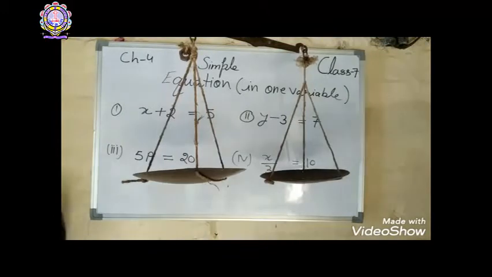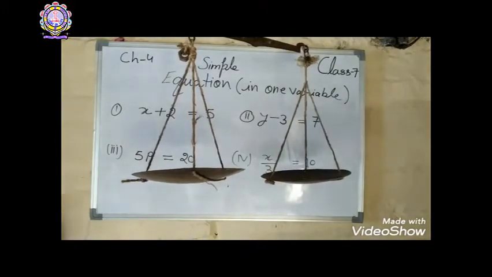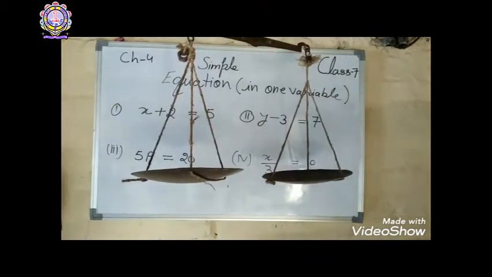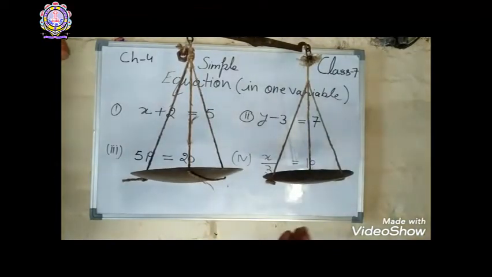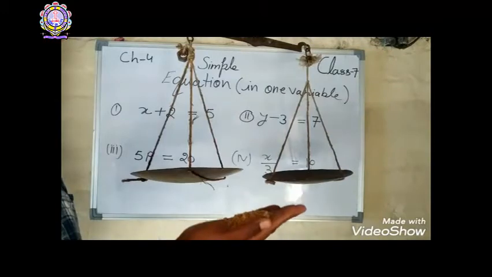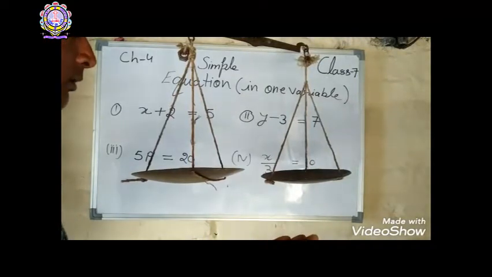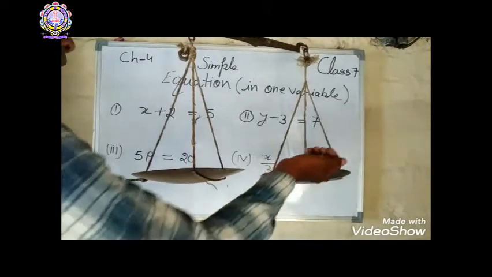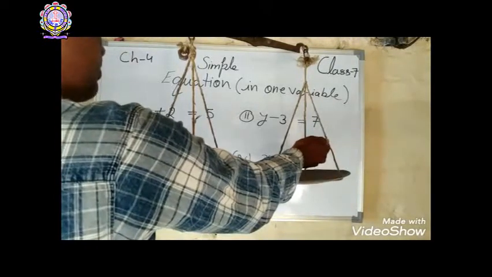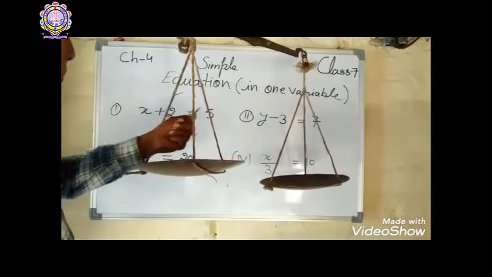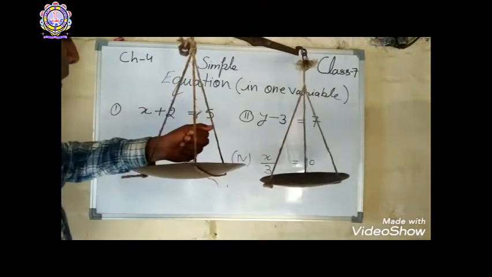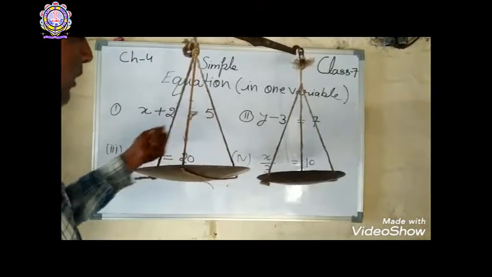So what's the activity? You are observing that I have some grains of wheat and equally putting them on both pans of the scale.